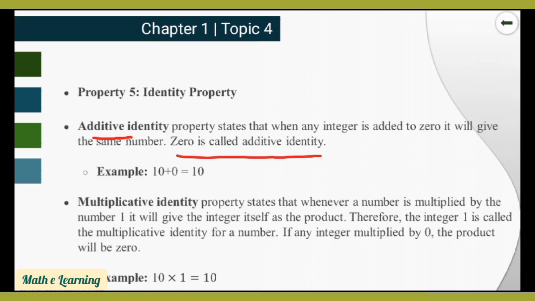And what is the meaning of this? If you add 0 to any integer, then the result is the number itself. That means 0 does not affect the number, right? And that's why we call 0 as additive identity.